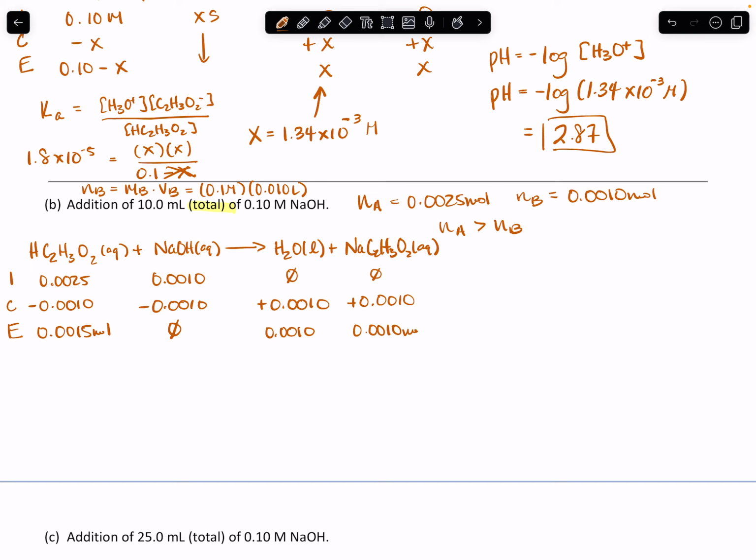Now I have to ask myself, what is present in solution? I have a weak acid right here, but over here, this acetate piece is the conjugate base of that weak acid. So I have some weak acid and some of its conjugate present. And when that happens, you have formed a buffer.